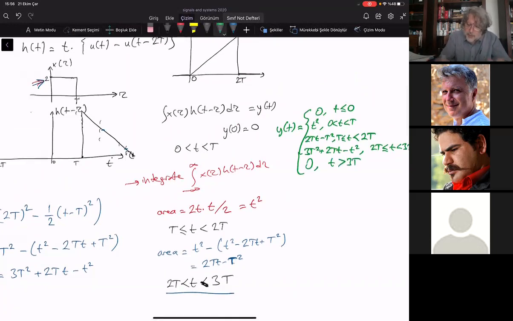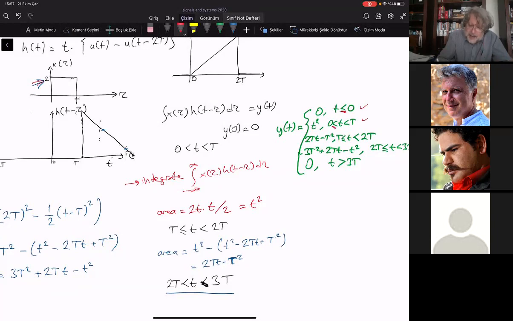Maybe you can put equal anywhere, because in the boundaries of these piecewise equations, the equations will give you the same thing. For example, check out this one and this one at t equal to 0. At t equal to 0, t squared is also equal to 0. So it doesn't matter where you put this equality sign, here or maybe here.